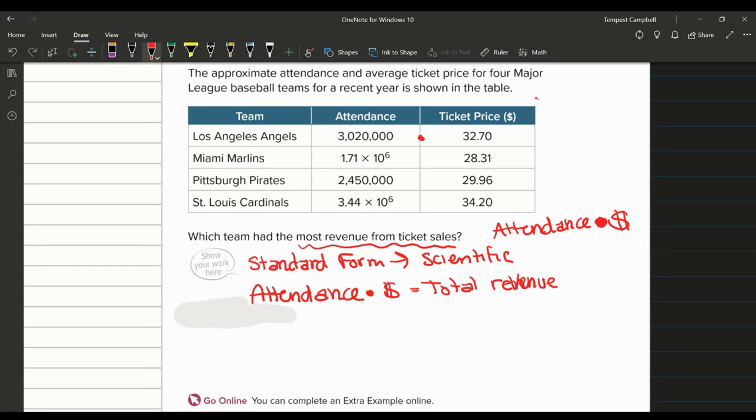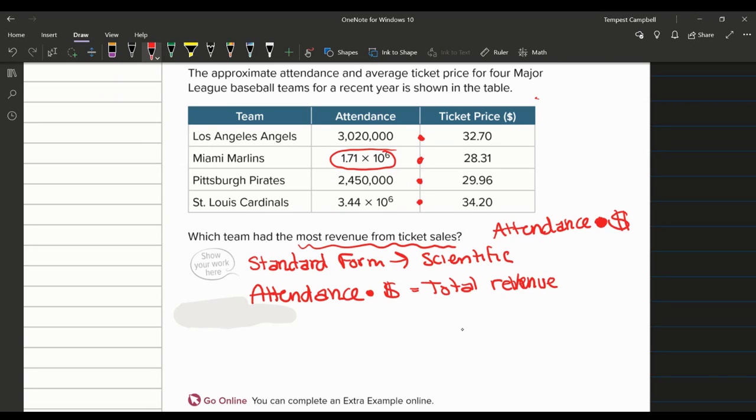We're multiplying these two numbers here, same thing here, here, and here. If you don't know how to put the numbers into your calculator, this number right here, you're going to plug in 1.71 multiplied by 10 to the power of 6.